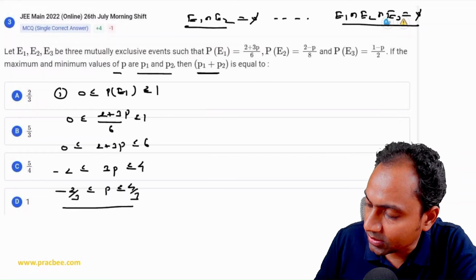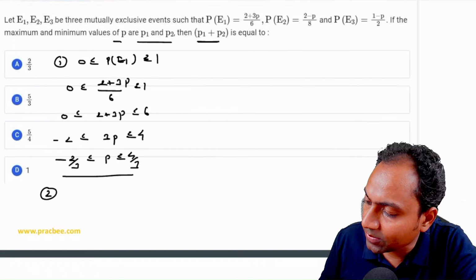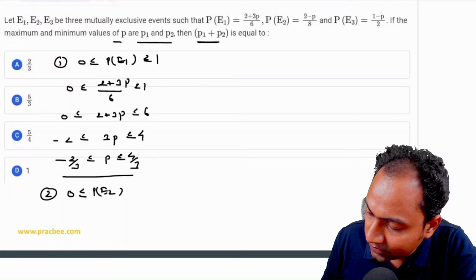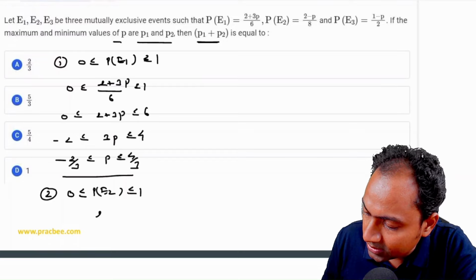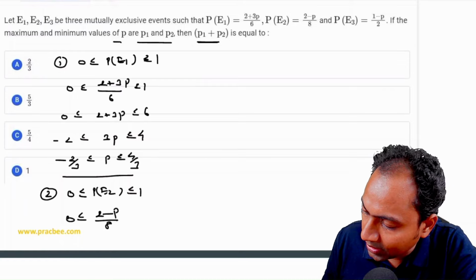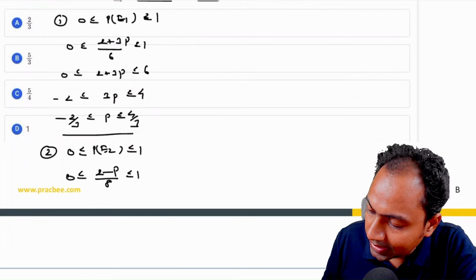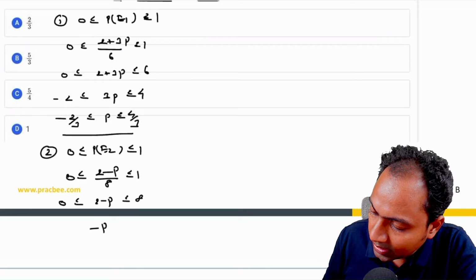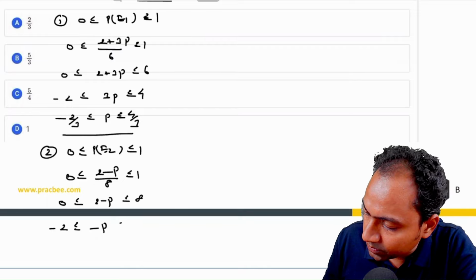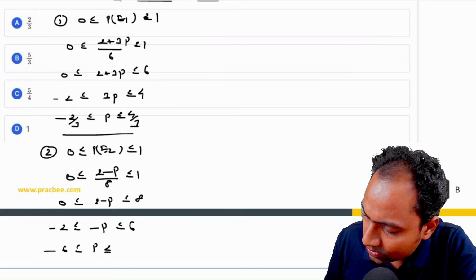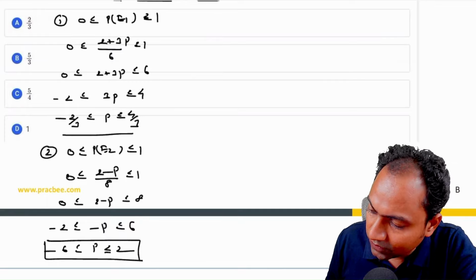This is the first condition. Another condition we can write on similar lines is that P of E2 also needs to lie between 0 and 1. And if that happens, then 2 minus P by 8 will also lie between 0 and 1. As a result, 2 minus P will lie between 0 and 8, minus P will lie between minus 2 and 6, and P will lie between minus 6 and 2. Another condition we have got.